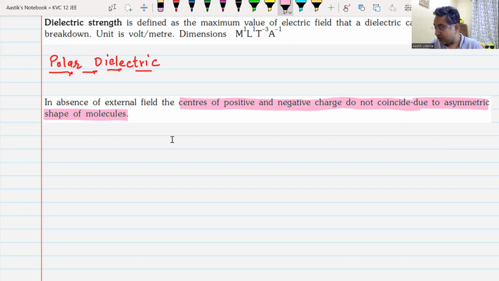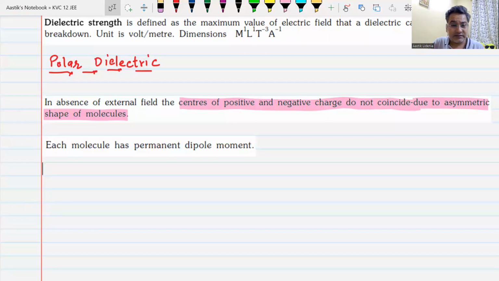Now, whenever we talk about polar molecules, each molecule has something known as a dipole moment of its own. Have you heard about this term in chemistry? Yes, sir. Each molecule has a permanent dipole moment, but there are infinite numbers of molecules even in one drop of water or any polar substance, and these dipole moments are randomly oriented.